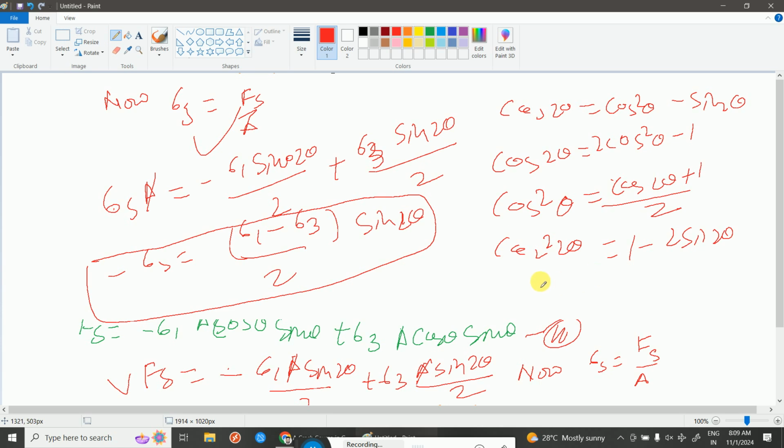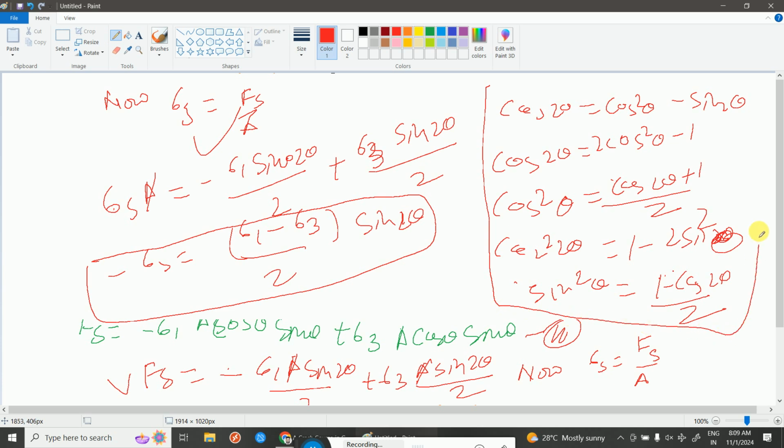Then finally sine square theta is equal to, sorry, this is 1 minus sine square theta, this sine square theta is equal to 1 minus cos 2 theta upon 2. Okay, this is a simple trigonometry equation.